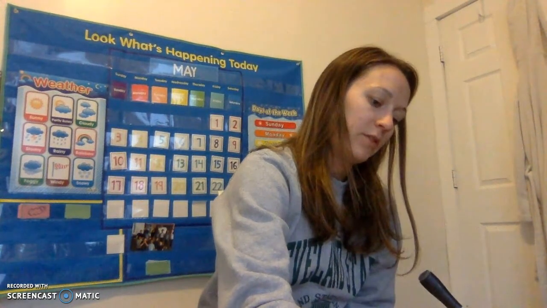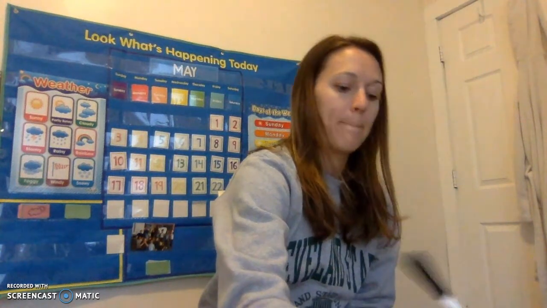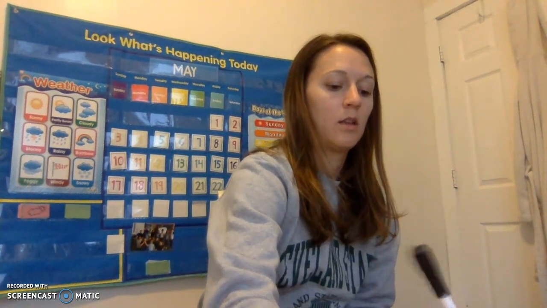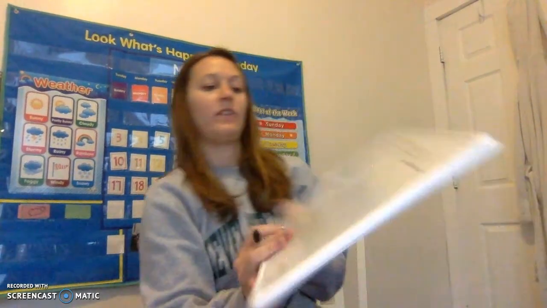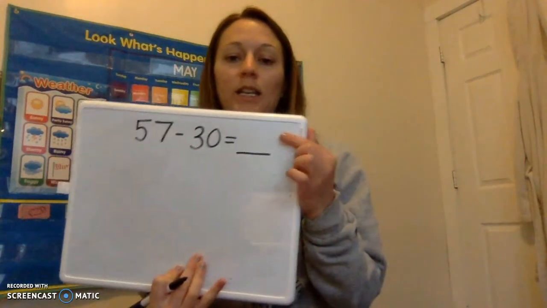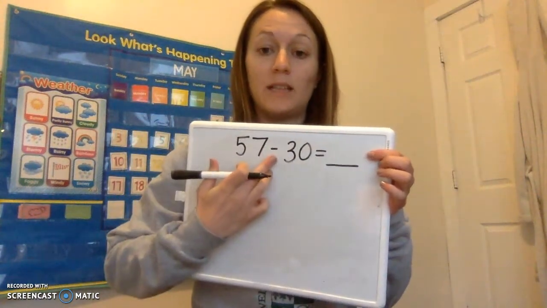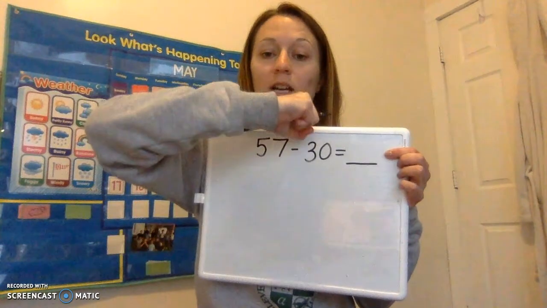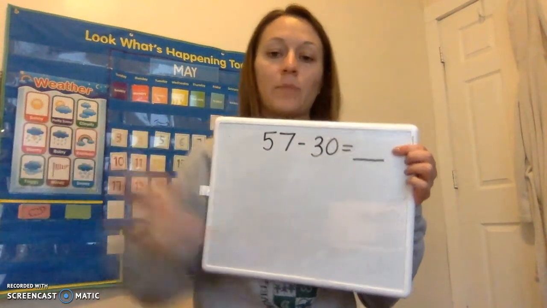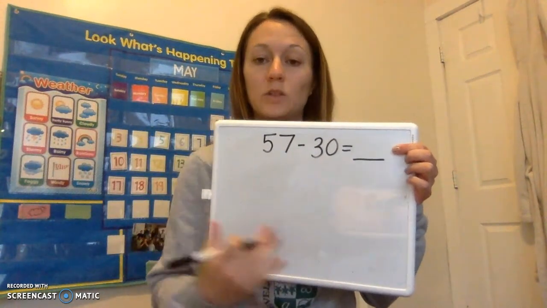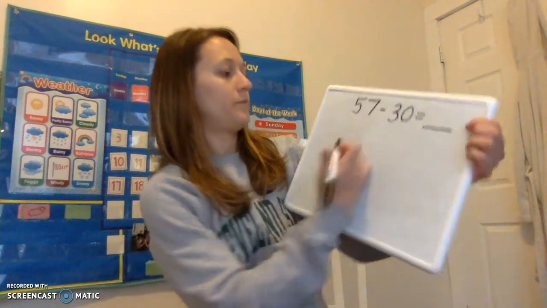All right, so I'm going to do 57 minus 30. And we've got to figure out what is the difference, what it equals. Remember, I see that symbol and that is my subtraction symbol, so I know when I subtract, I take away. So I'm going to set it up and down so it's a little bit easier to solve.